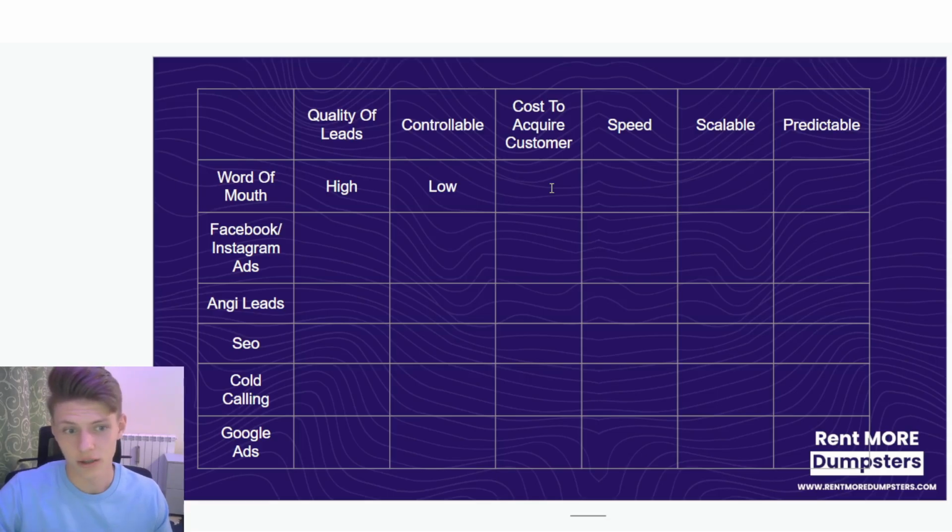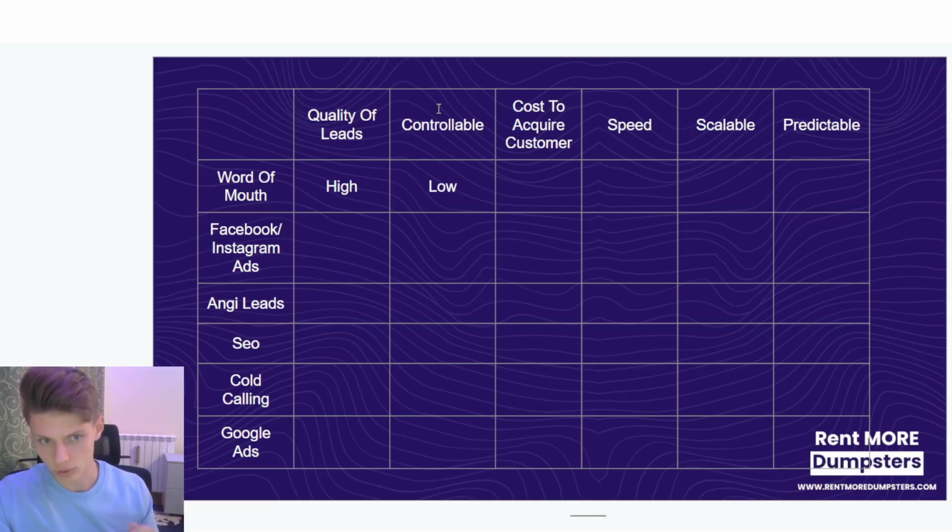If not, you need to focus on improving your product and your service, but then people need to see you, and that's another topic. But when it comes to how controllable it is to have word of mouth, you just cannot influence that in any way.